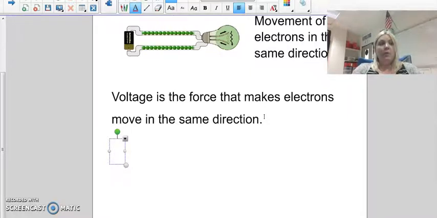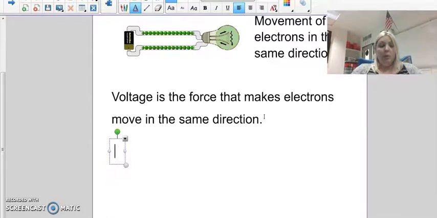However, you guys remember that you can have a little bit of voltage and then the electrons move in the same direction very, very slowly. And then when you give it more voltage, the electrons move a lot faster. So it would be fair to say that electrons that move faster have more kinetic energy, because we all know that if you move faster, that means you have more energy.